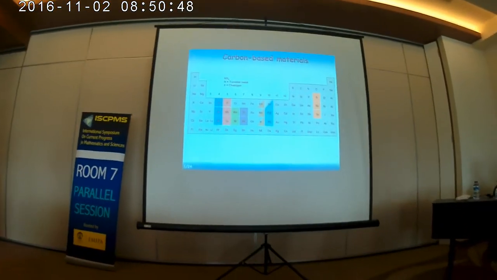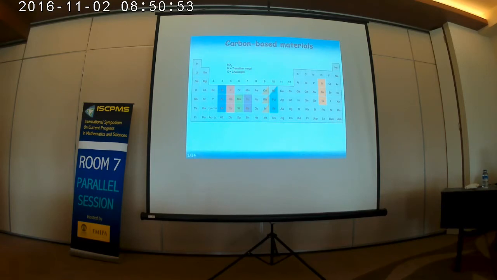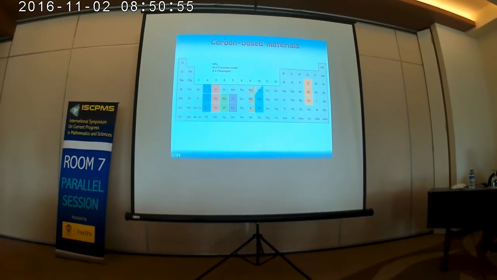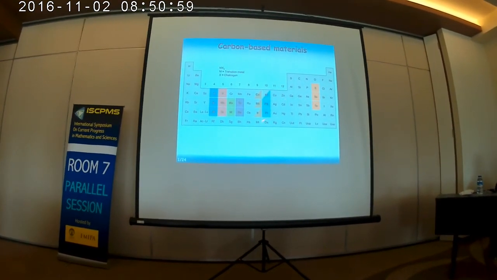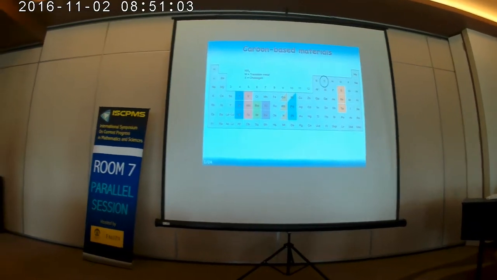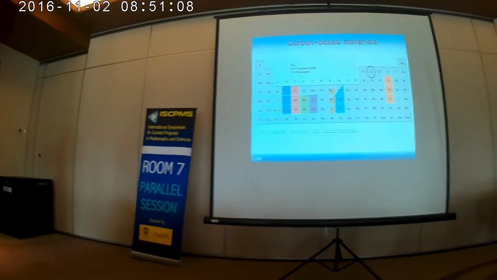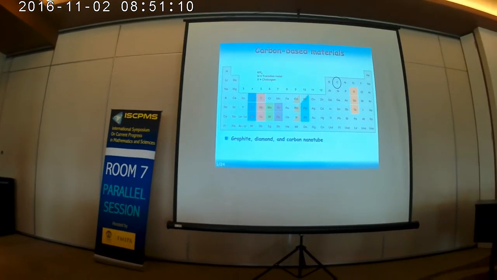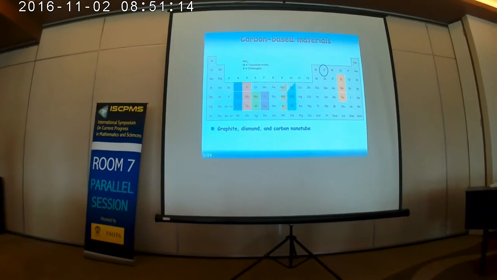For the past 20 years, I look at the periodic table every day, really every day. In the early days, we studied the optical properties of the carbon-based materials, including graphite, diamond, and carbon nanotube.